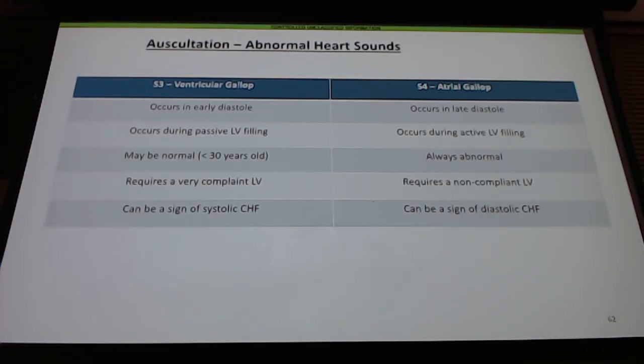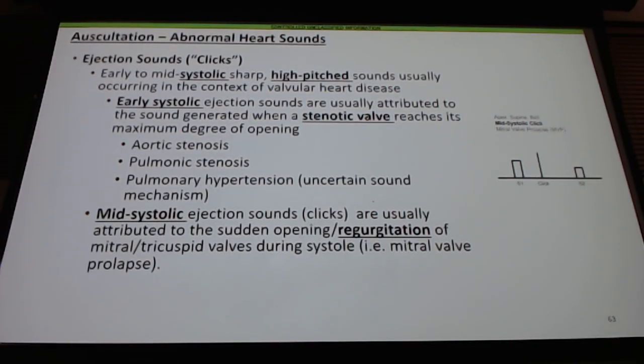And then this is just to compare S3 to S4 and why we hear it.